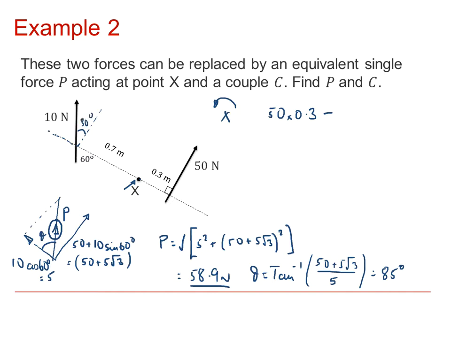So we have minus 10 cosine 30 degrees multiplied by 0.7. The other component is acting along the line which goes through X and therefore has 0 moment. So that's our total moment and therefore couple, and this turns out to be equal to 8.94 Newton meters.